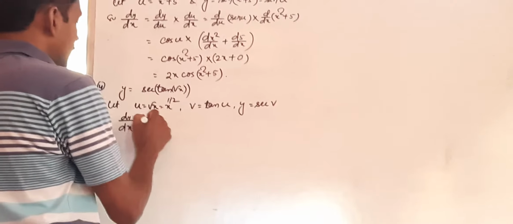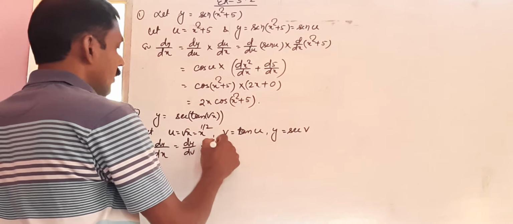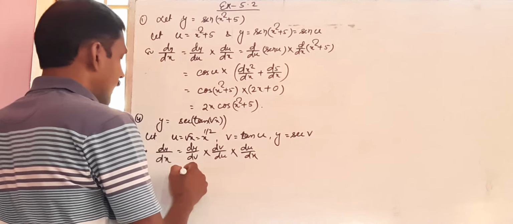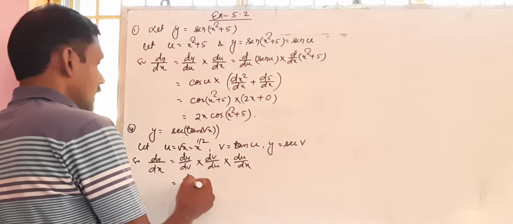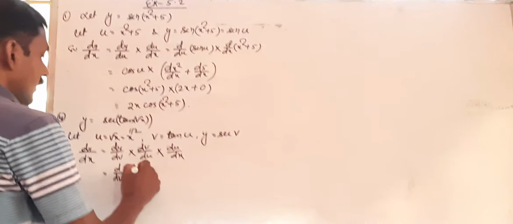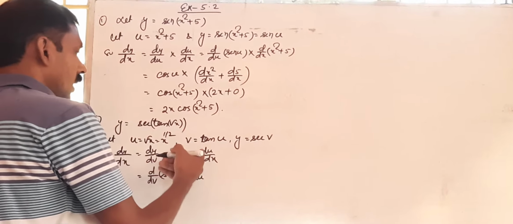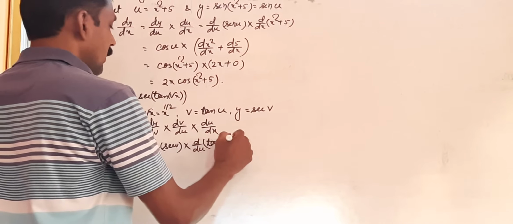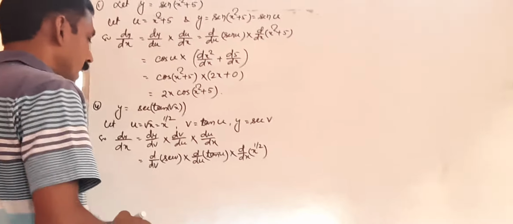So dy by dx is dy by dv into dv by du, since v is a function of u, into du by dx, since u is a function of x. That is d by dv of y, which is sec v, into d by du of v, which is tan u, into d by dx of x to the power 1 by 2.